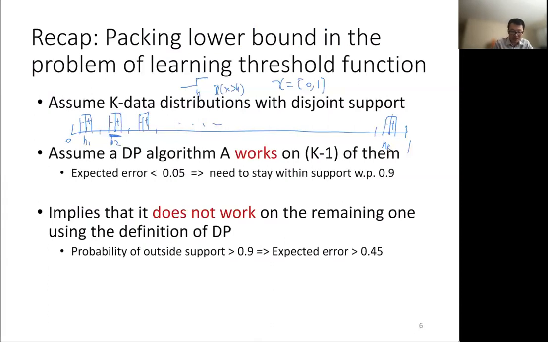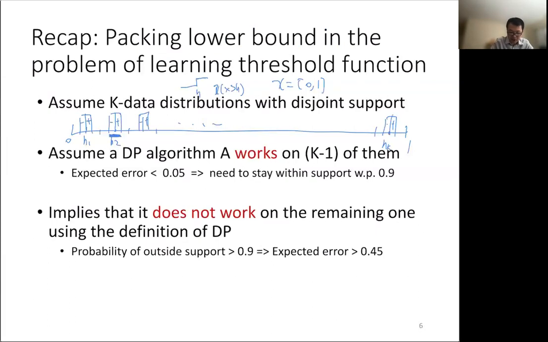So what this is saying is that if the expected error is smaller than 0.05, then with probability at least 0.9, the output classifier of this algorithm A needs to be inside this region, within the correct ballpark. We're not even saying that it needs to output h2, just that it needs to be potentially correct, because otherwise, if you are outside this region, then with probability 0.1 the error rate is already 0.05, which violates the expected error being smaller than 0.05 condition.